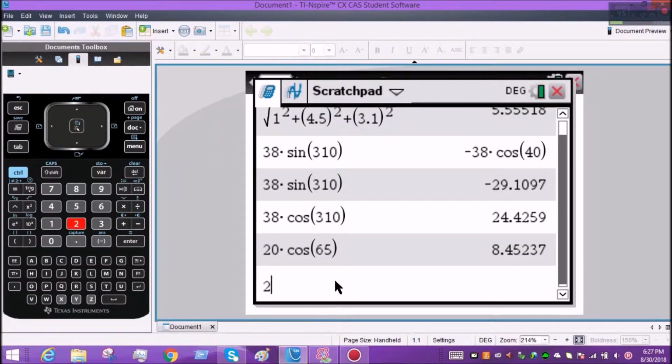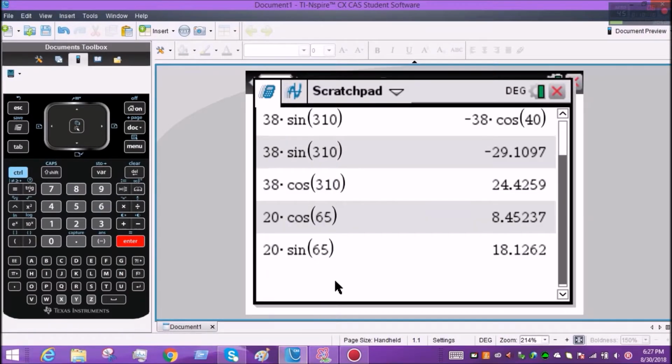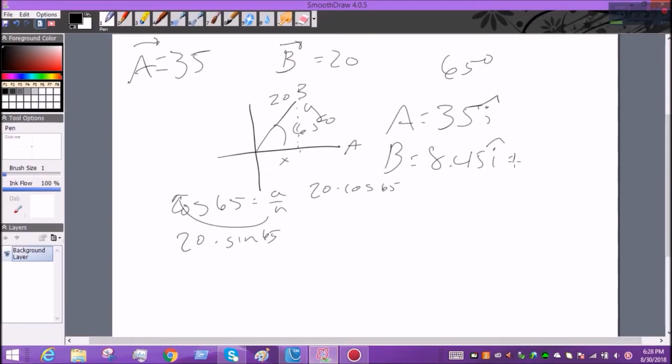So let's go ahead and do that. 20 times sine of 65 gives us 18.13, so plus 18.13j.